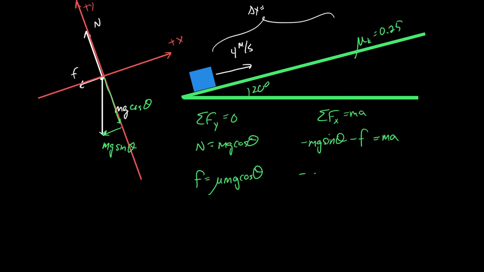So minus g sine theta minus mu g cosine theta equals a. All right, you just type that in and get your 5.7 meters per second squared. Is that what you guys got? I mean, because that's the next thing here. This should be negative 5.7 meters per second squared.